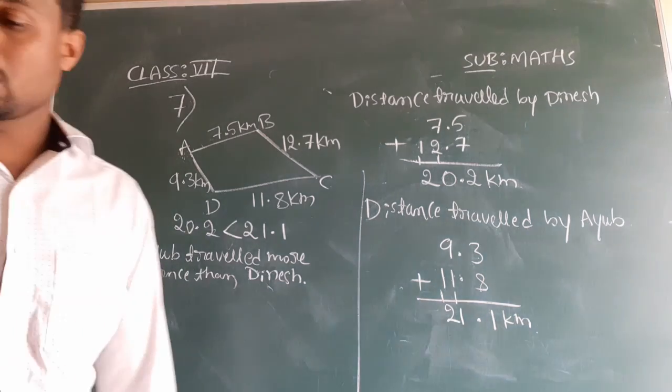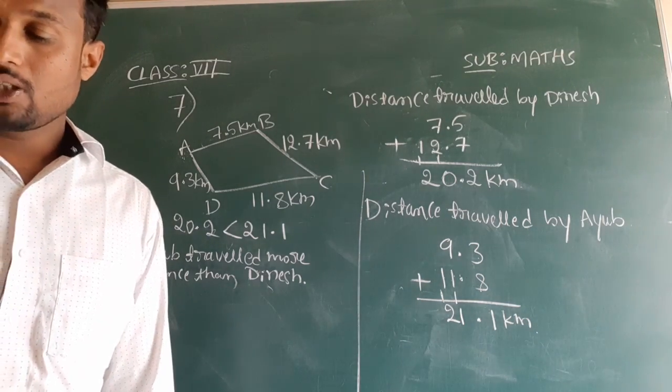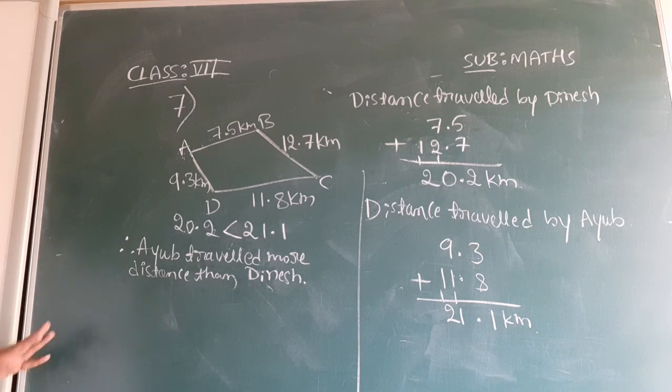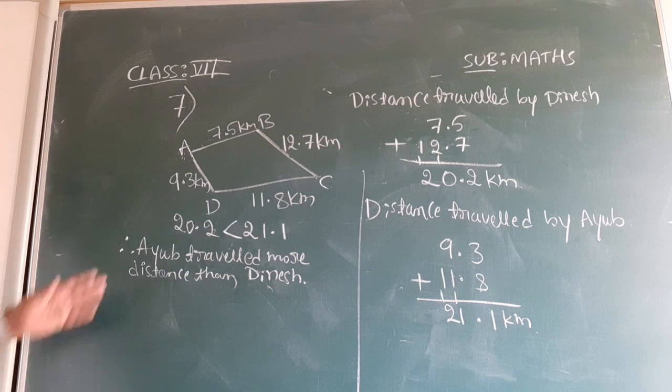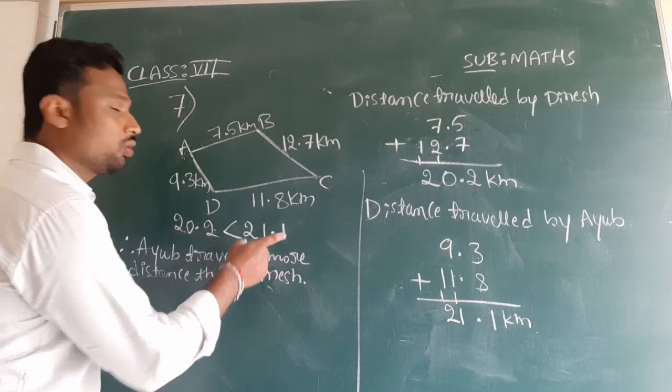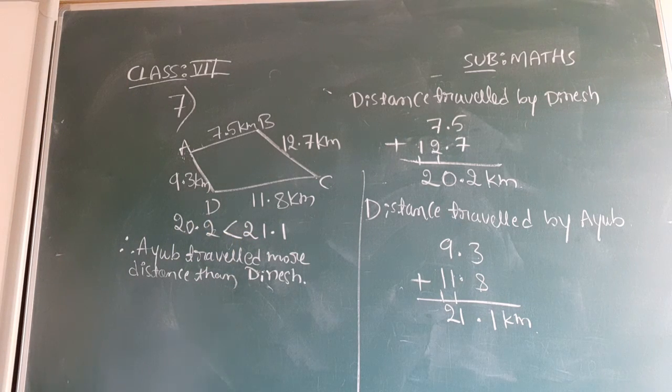And in this question they are asking who traveled more and by how much. Here we got to know Ayub traveled more than Dinesh, but they are asking how much more he has traveled than Dinesh. How can you find out? You have to subtract this 20.2 kilometers from 21.1, so that we get to know how much distance was traveled more by Ayub than Dinesh.